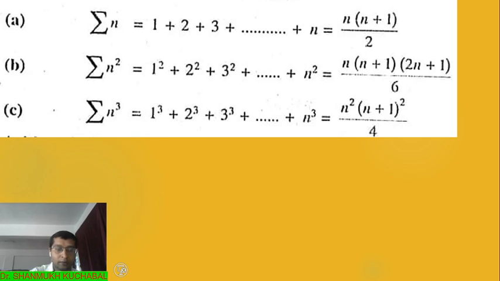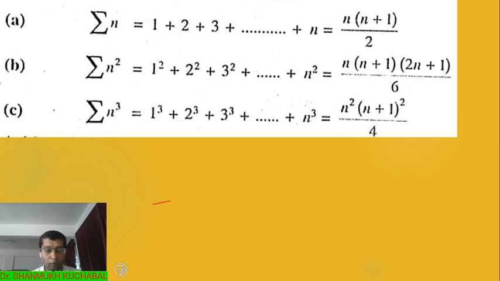Okay, so next, summation of n square, which is 1 square plus 2 square plus 3 square up to n terms, is given by n into n plus 1 into 2n plus 1 divided by 6.